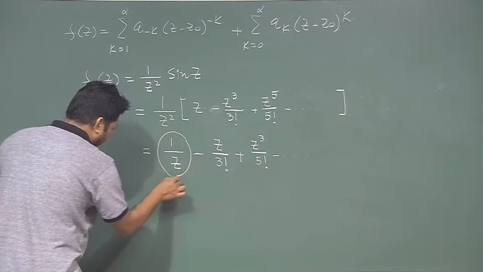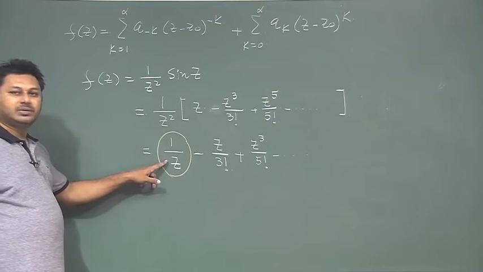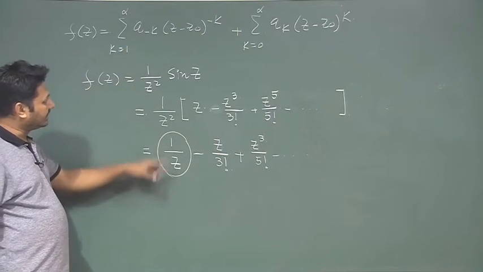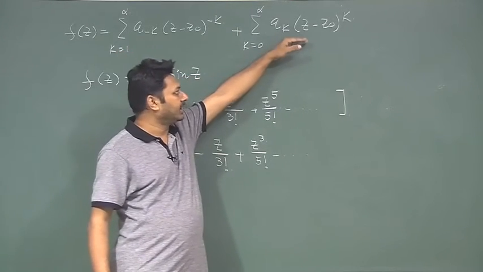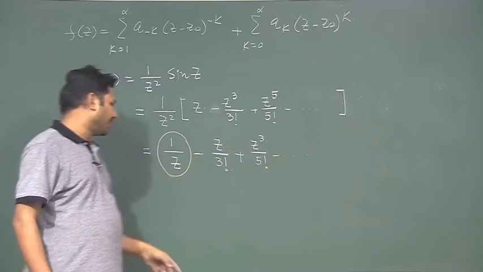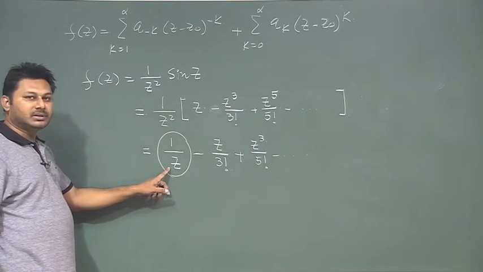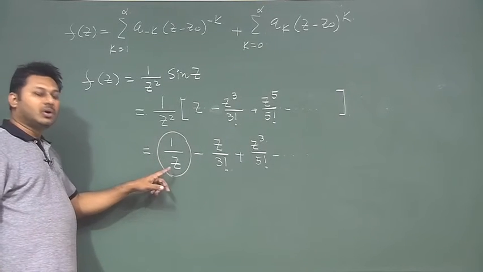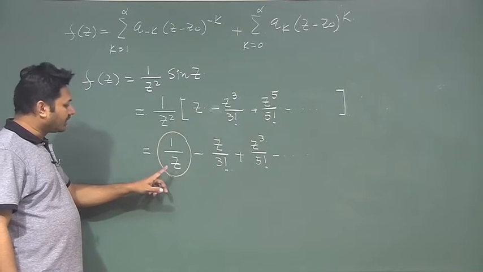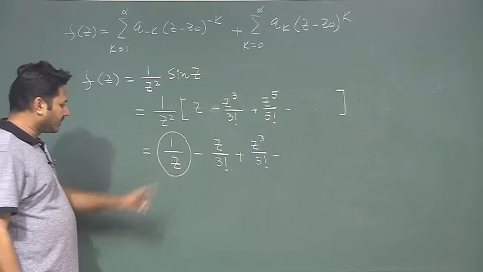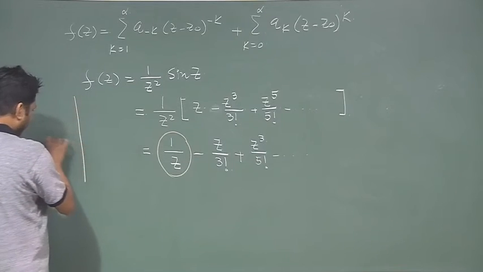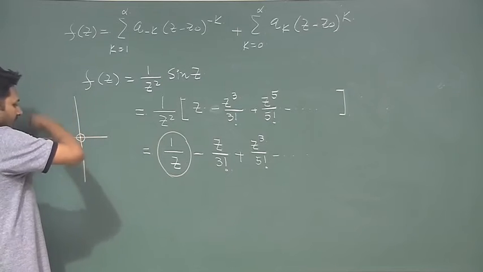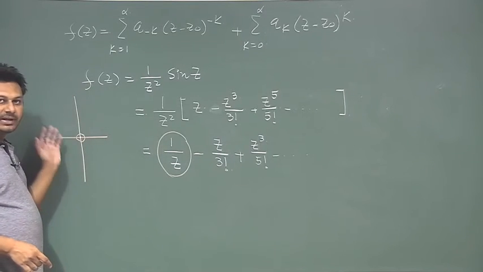But the important thing here is the term 1 by z. The 1 by z term is associated with the principal part, because if I expand, I find that only one term is associated with this part. Here we have many terms in the analytic part, but since there is one term in the principal part, we can say it has a singularity of order 1, a simple singularity, or an isolated singularity. The point z equal to 0 is the only point where the function has a singularity; at all other points it does not have any kind of singularity.